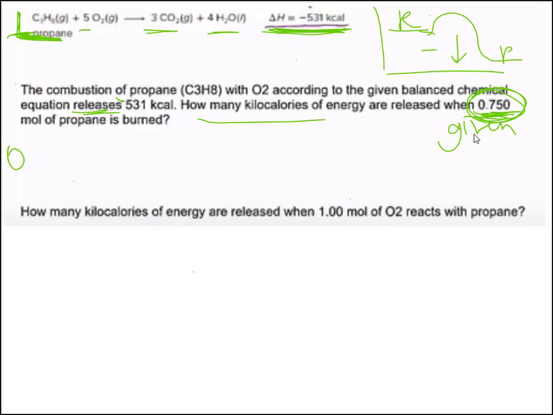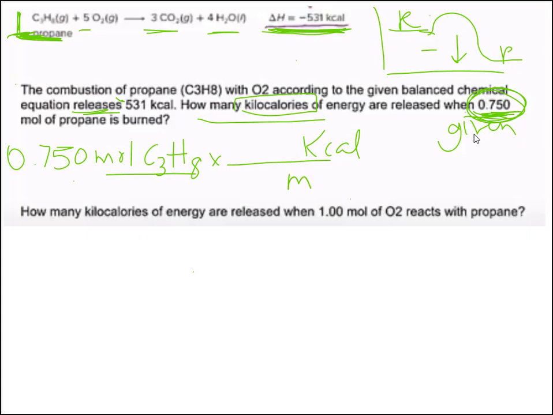Okay, so that's 0.750 moles of C3H8. And again, what do we want? We want kilocalories. What have we got? We've got moles of C3H8. And we're going to look and say, okay, what is the kcal?